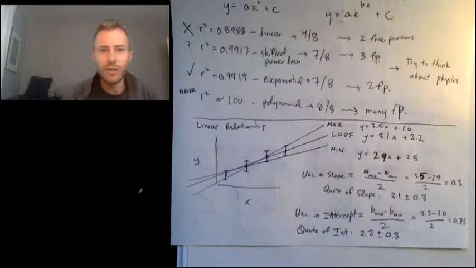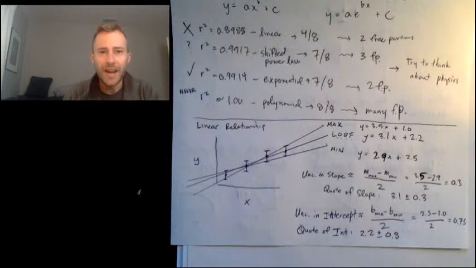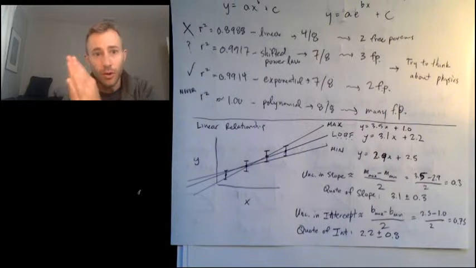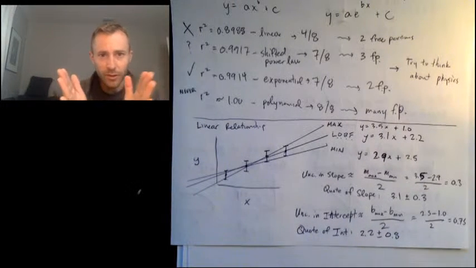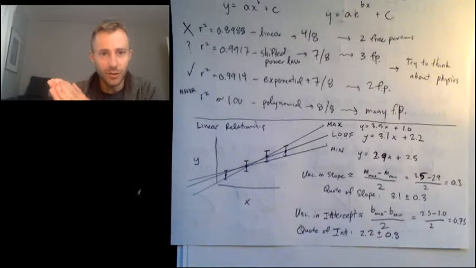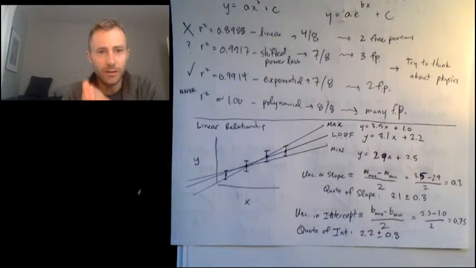So let's review here. The fact that your data is uncertain means that your curve of best fit is also uncertain, which means the slope and the intercept are uncertain. So we've talked about how to get the uncertainty in the slope and the uncertainty in the intercept.